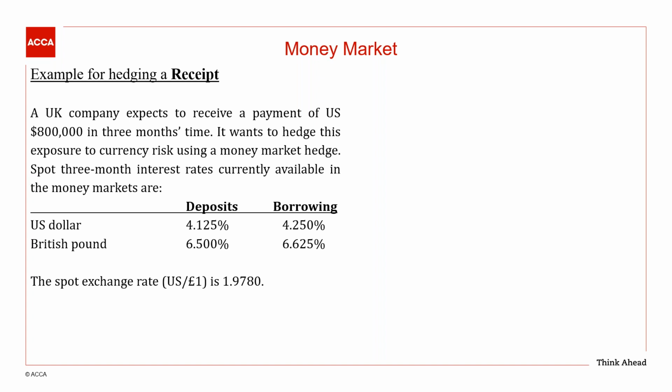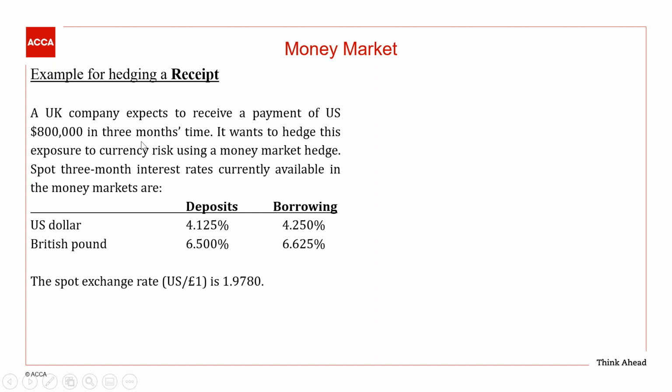So how can the money market be used to hedge a foreign currency risk? Just look at this example. A UK company expects to receive a payment of US dollars 800,000 in 3 months time.